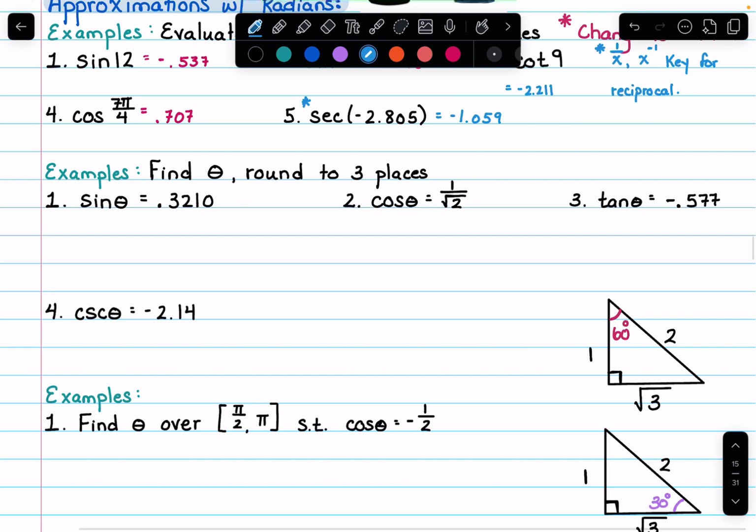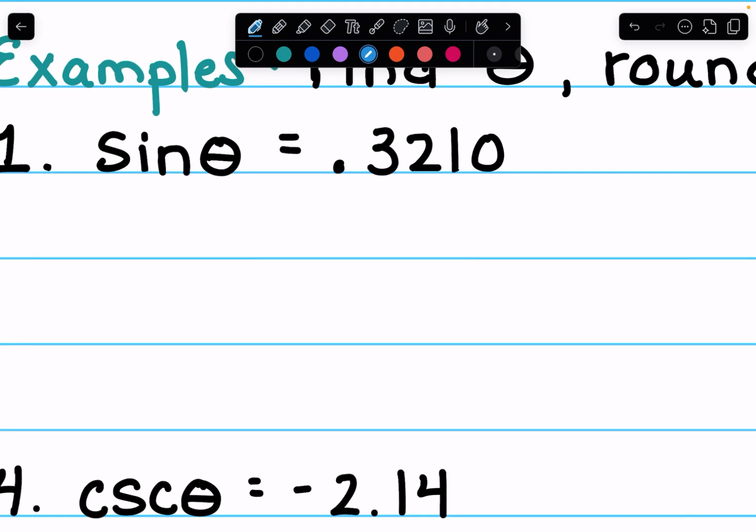Okay. This next part, we did this with our degrees. Now we're going to do it in radians. And then on your test, I would say find theta in radians, find theta in degrees. That's how you know what mode you would need to be in, okay? And anytime we are trying to find theta, find the angle, we're going to use our second trig function key. So for this one, these are the ones where we had to multiply on both sides by the inverse, right? Because that just leaves us with theta.